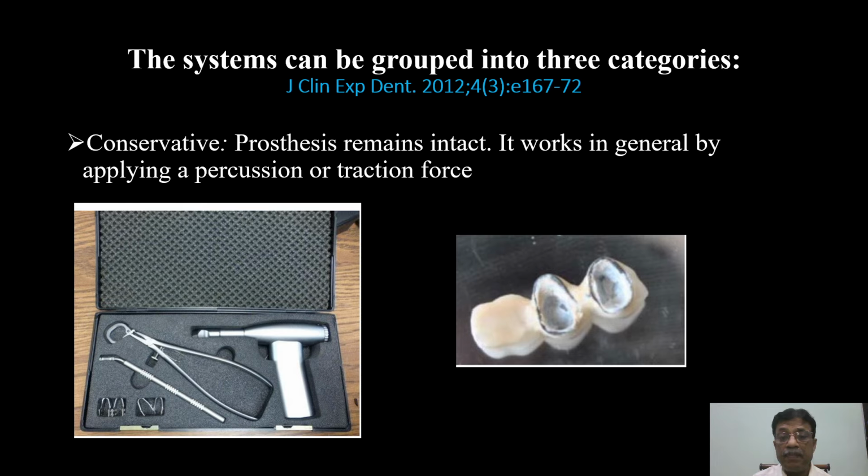This works nicely only when the underlying tooth structure is very good and there is less caries, so that the chance of fracture of the underlying supporting tooth structure is less. In this case, the restoration is removed with the cement in the intaglio surface. So this is the most conservative approach.